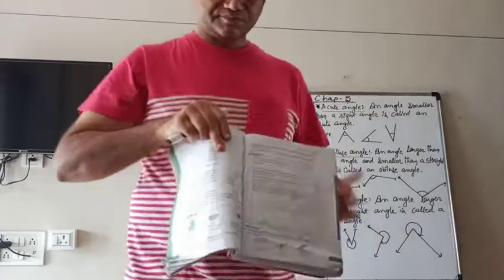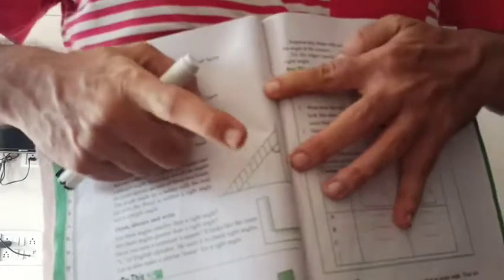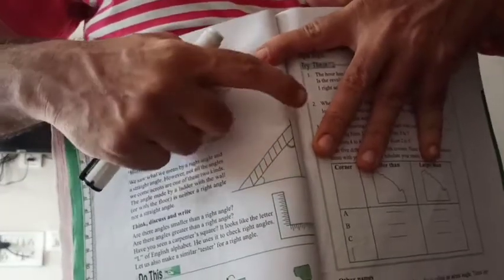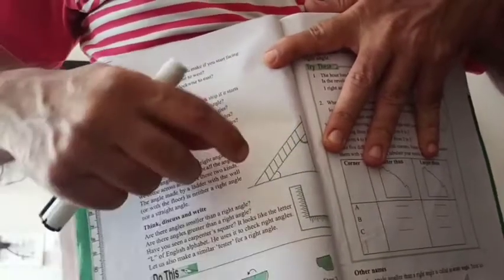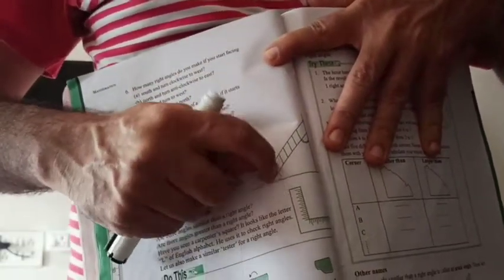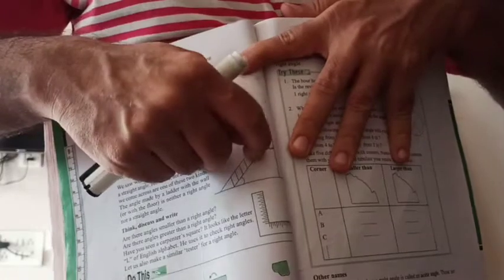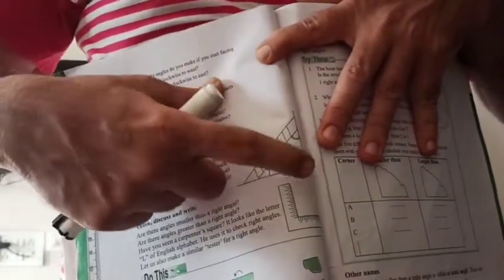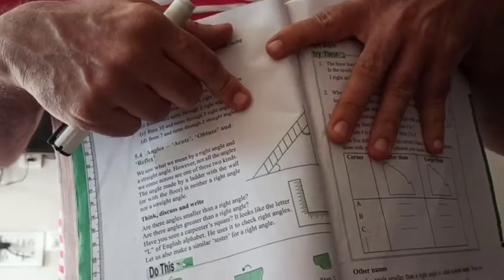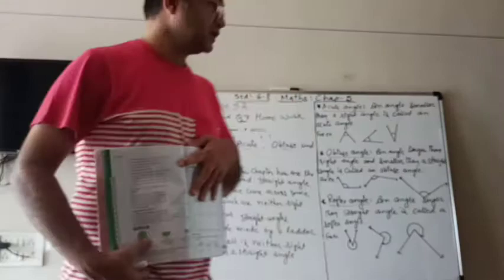Look in here, see. This is the ladder, this is the wall, this is your floor. So you can see that it makes an angle with the floor also, it makes an angle with wall also. And you can see that both of them are smaller than the right angles.